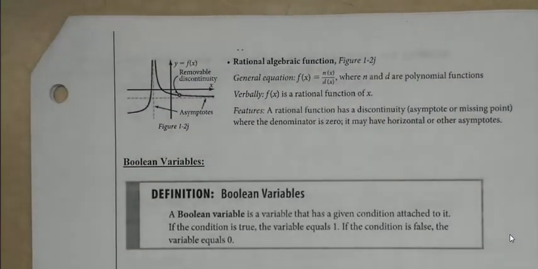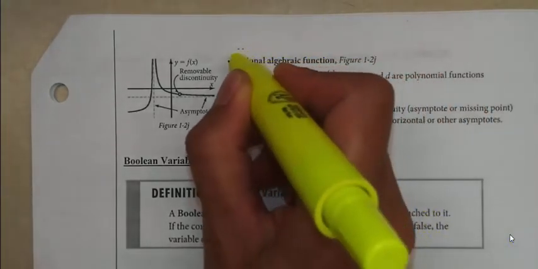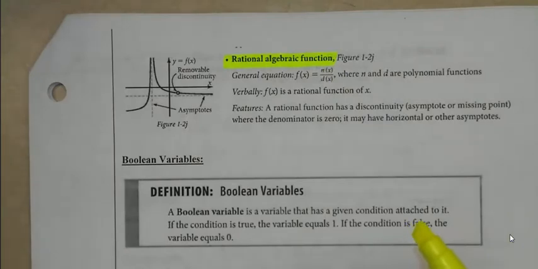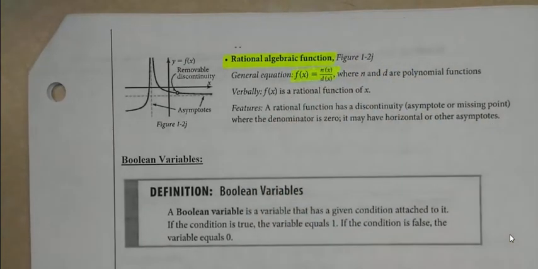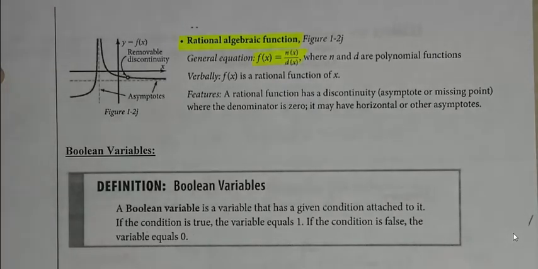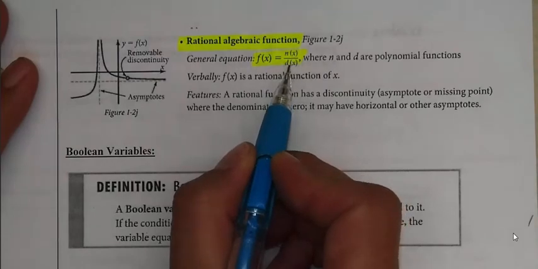Okay, and then we have rational algebraic functions. So this is where you have a function divided by a function. When we did this last year, we always worked with a linear function over a linear function.